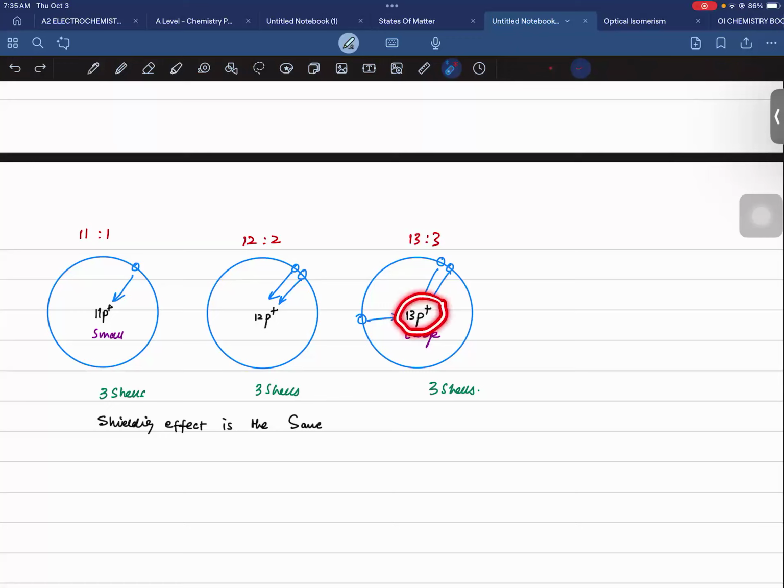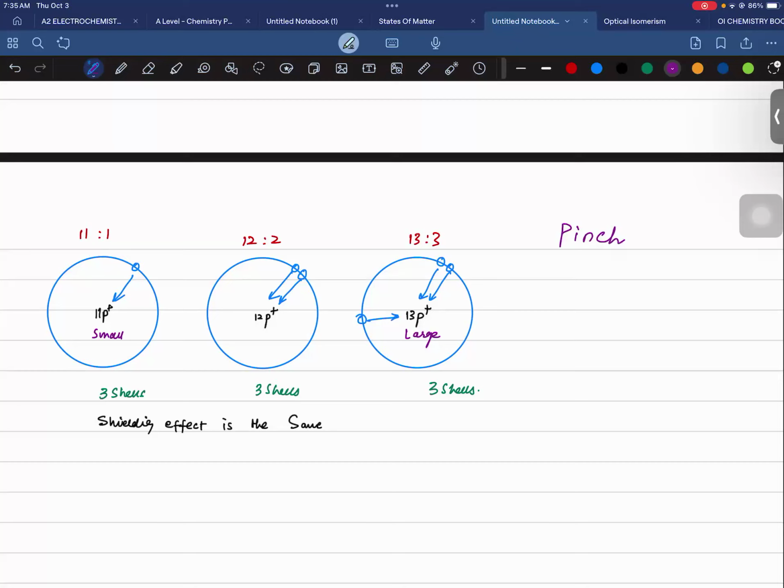This nucleus is pulling electrons towards itself. You will see that the size would be pinched, just like a ball. Let's suppose you have a rubber ball in your hand and you pinch the ball. Just like that, the size is going to be pinched due to the greater attraction between the nucleus and the outer electron.